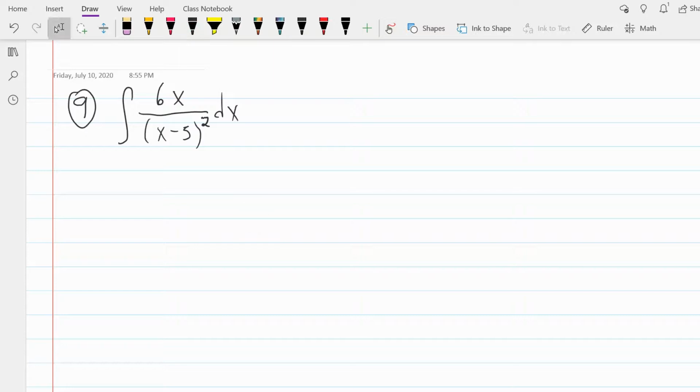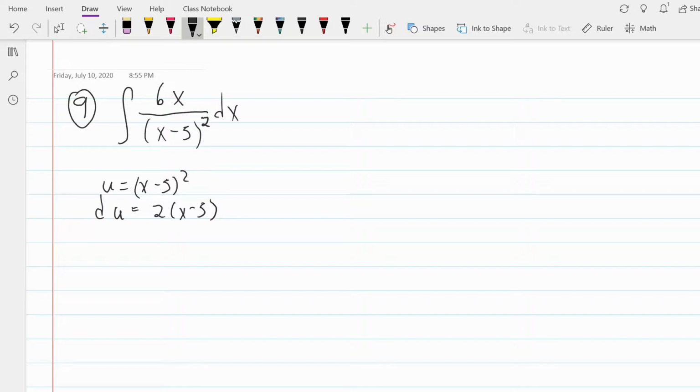If I took the denominator and let it be my u, then my du would be equal to 2 times (x minus 5) to the first power times 1, because the derivative of x minus 5 is 1.